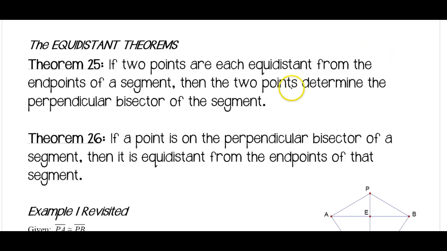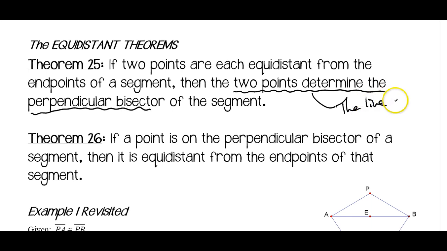Okay, so a way to think about this, the 2 points determine the perpendicular bisector, would be the line drawn through the 2 points is the perpendicular bisector. Saying that the 2 points determine the perpendicular bisector means that if I draw a line through those 2 points, that line would be the perpendicular bisector.